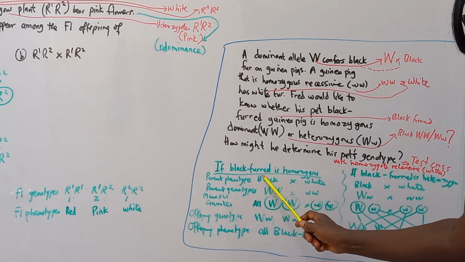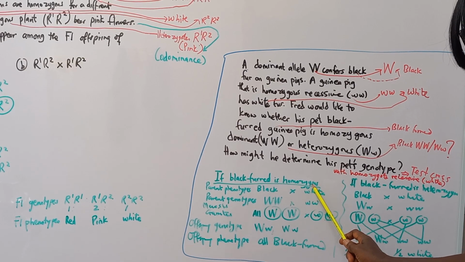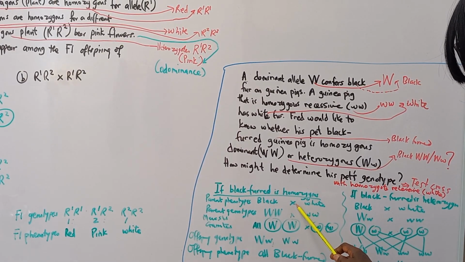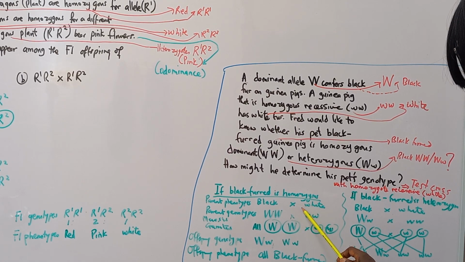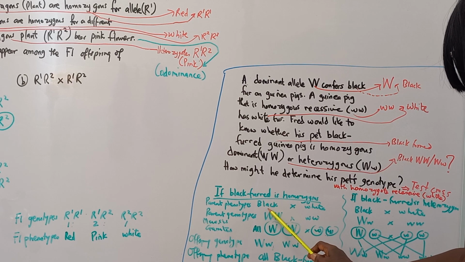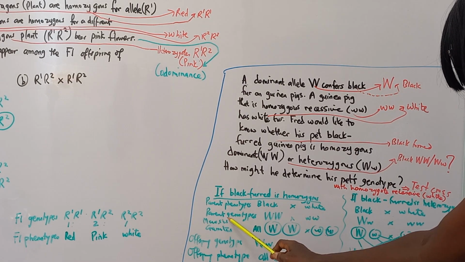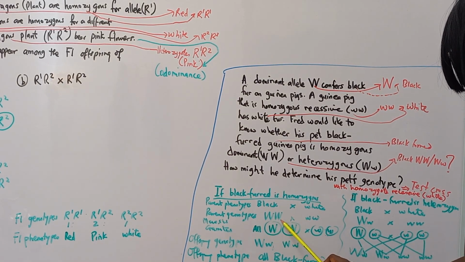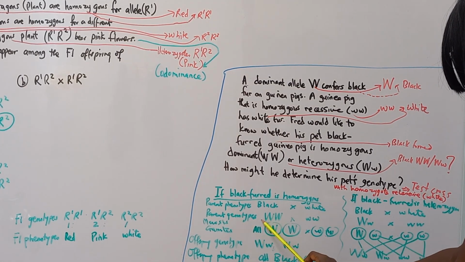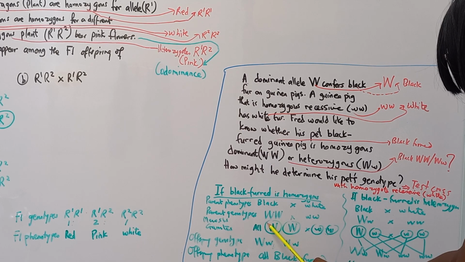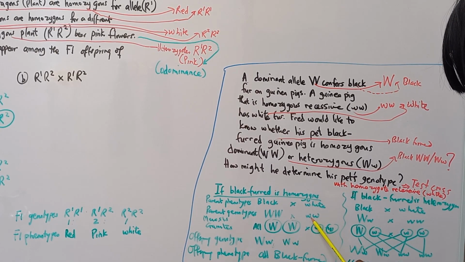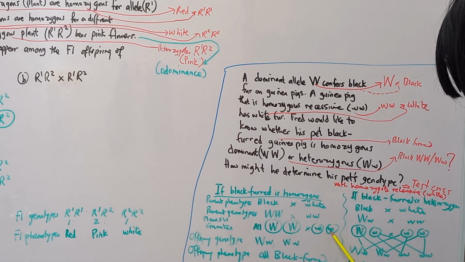If the black fur is homozygous, that is, the parent is black, we have to cross it with a homozygous recessive white. So the parent phenotype is black, we are crossing it with white. Parent genotypes big W, big W, crossing with small w, small w. Meiosis takes place, gametes will be formed, and all the gametes will be big W. All the gametes from the other parent will be small w.